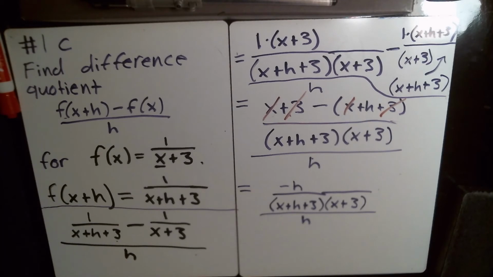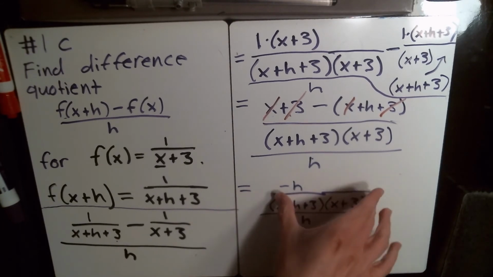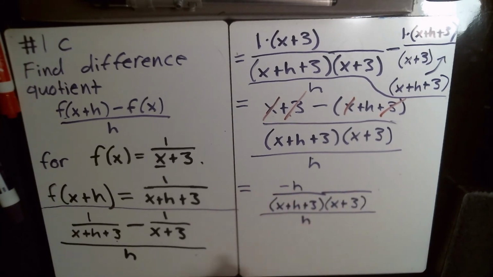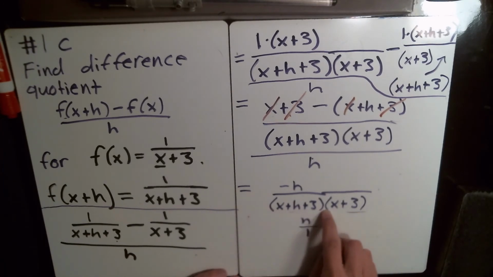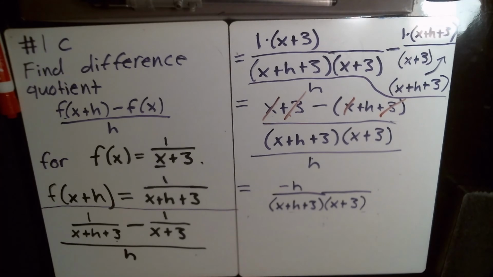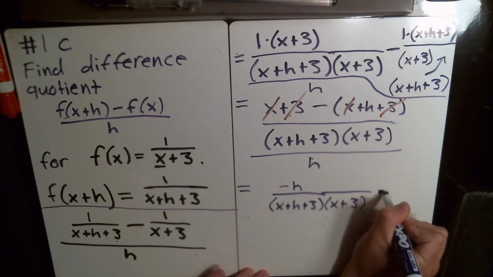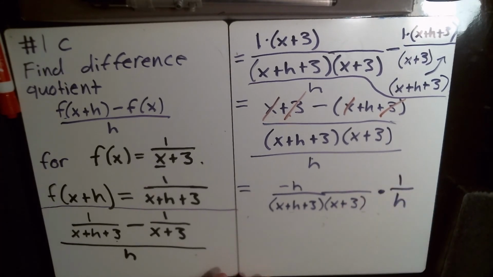And now for our last thing, we're dividing two numbers, right? We have a fraction on top and kind of a fraction on the bottom. We could think of this as h over 1. How do we divide fractions? Well, we keep this and we flip the bottom, so we're going to multiply by 1 over h. Keep, change, flip.